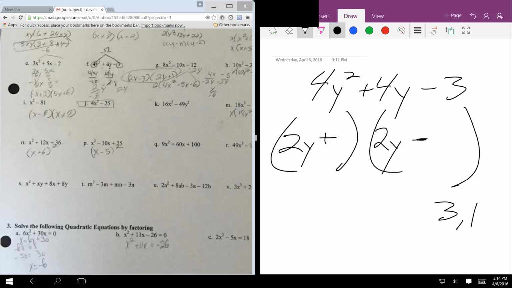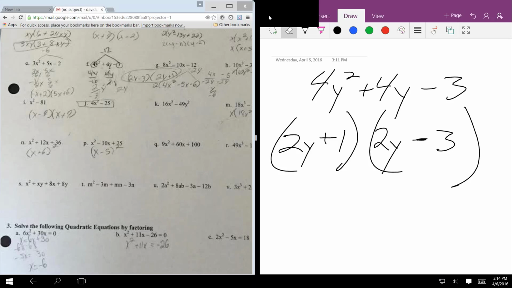Well, let's try 3 there and 1 there. Nah, I'm sorry. Let's try it the other way around. Let's try 1 here and 3 there. And at this point, it's just a guess. I'm trying all combinations where there's only 2 combinations. It's either 1 there and 3 there, or 3 here and 1 there.